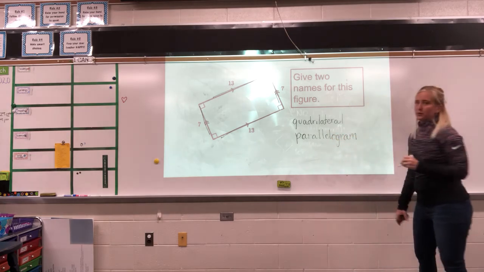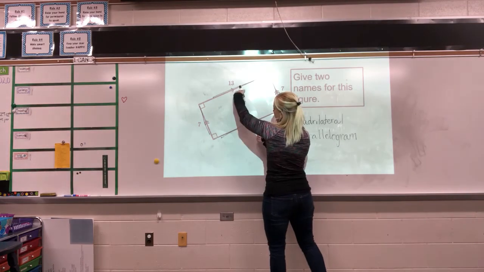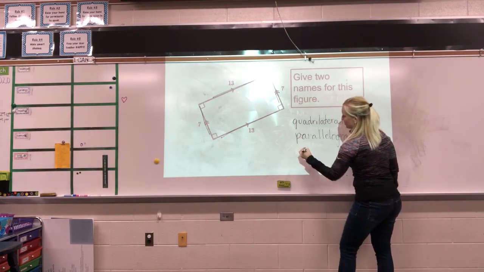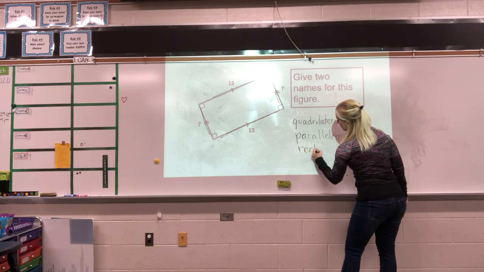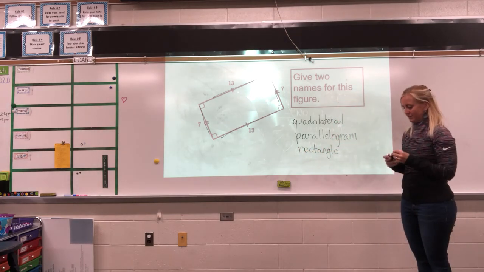And we can even go down one more and say opposite sides are the same length, and there's 4 right angles, so it's a rectangle. So any of those 2 would work.